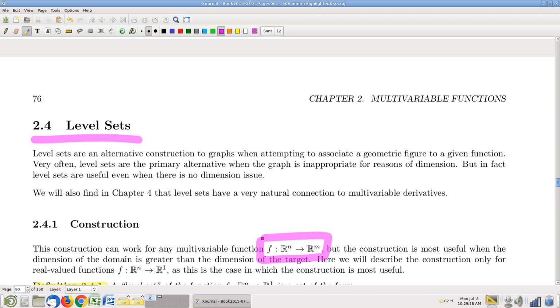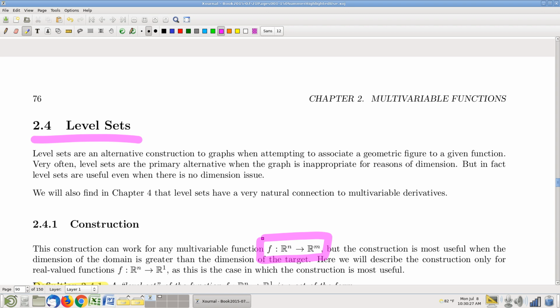You've got to make a point in your mind of distinguishing between the process of creating level sets and the process of taking graphs. Because the processes are so different, what you can understand about the conclusions are super different. Algebraic features of graphs are not the same as algebraic features of level sets. The calculus of graphs is going to be very, very different from the calculus of level sets.